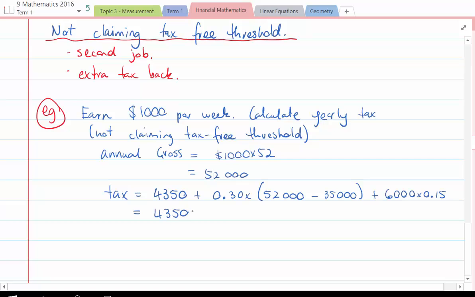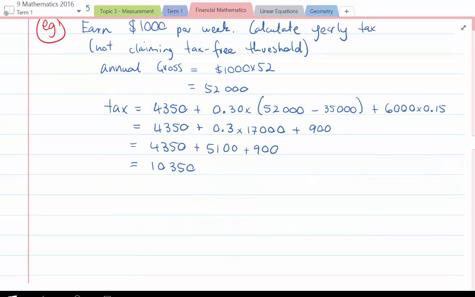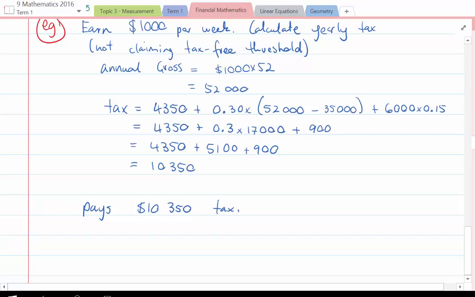So we have 4,350 plus 0.3 multiplied by 17,000. So 30 cents a dollar for that 17,000, plus 900, which is 6,000 times 0.15. So 4,350 plus 5,100 plus 900 gives us $10,350. So our friend, after not claiming the tax-free threshold, will pay $10,350 tax.